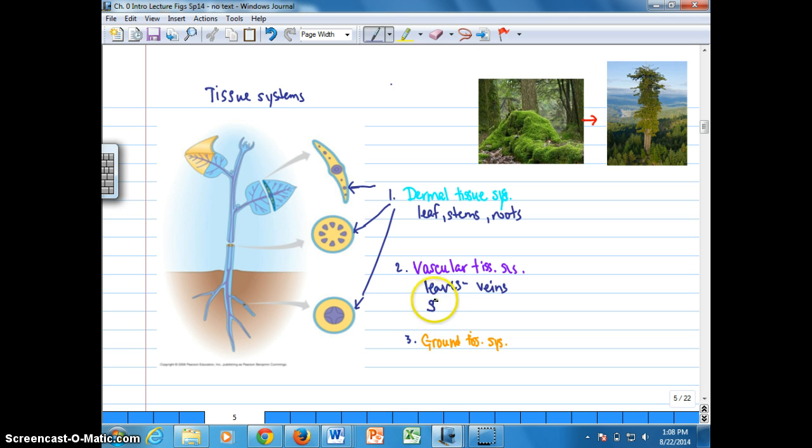In the stems, that purple area there in the transverse section shows us the vascular bundles. So the vascular tissue is arranged in bundles. And just to be clear, we're talking about both xylem plus phloem.